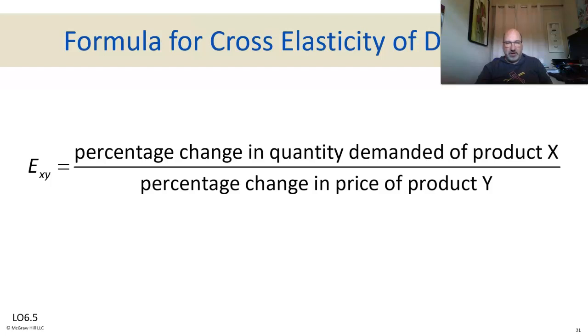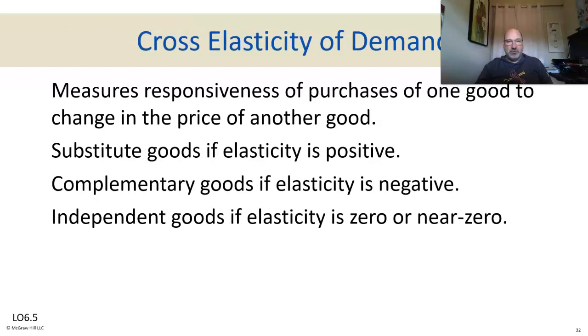It is the percentage change in quantity demanded for good X divided by the percentage change in price of good Y. You do not have to use the midpoint formula for this because it's two different goods. It measures the responsiveness of purchase of one good to changes in the price of another good. They're substitutes if elasticity is positive, complements if it's negative, independent if it's zero or near zero.